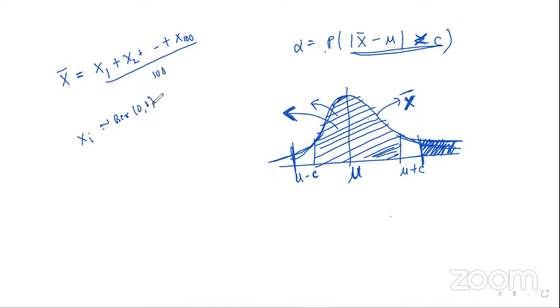This will give you nothing but P: X1 plus X2 plus up to X100 gives you how many are found to be effective, and divided by 100 this is P. So it depends on how you are defining your random variables.